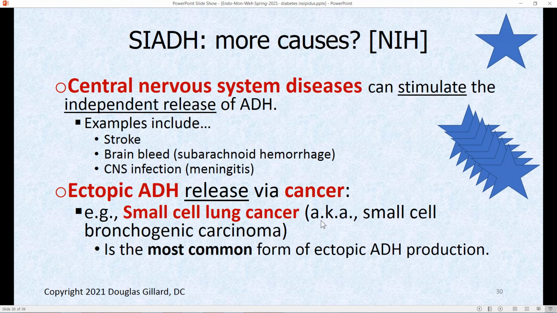You could have a cancer, small cell lung cancer, aka small cell bronchogenic carcinoma. The cells of that lung tumor are notorious for releasing ADH. In fact, small cell carcinoma of the lung is the most common form of ectopic ADH overproduction.